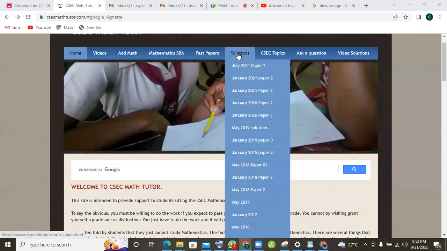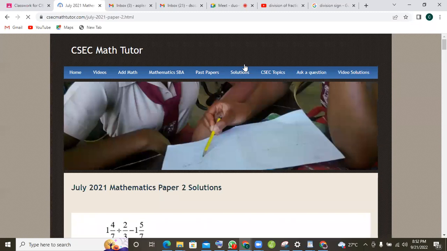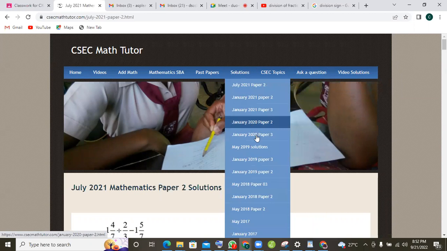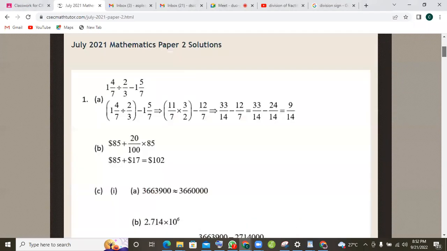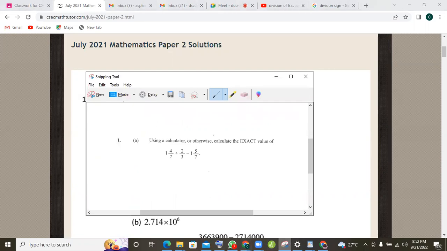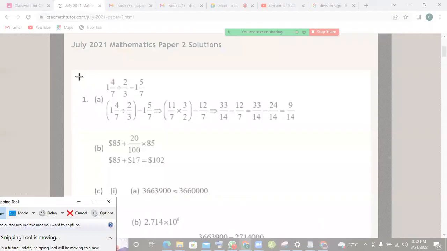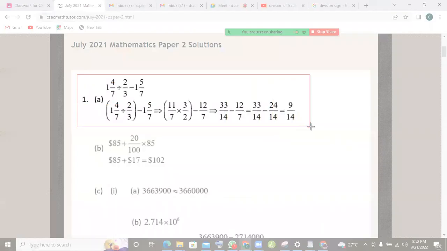So you simply go to solutions, July 2021, you click on it, 2021, paper 2. As you can see, there are also paper 3s. You see, paper 3, for the continuing studies. And here is the solution for the July 2021. You can study it. Here it is.